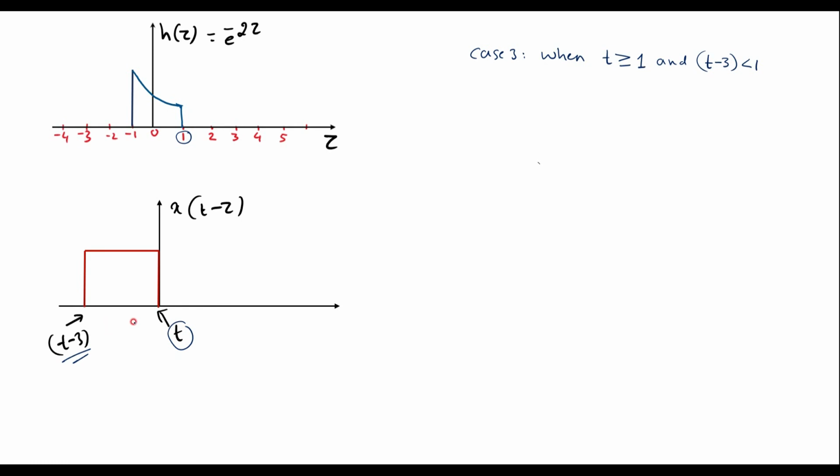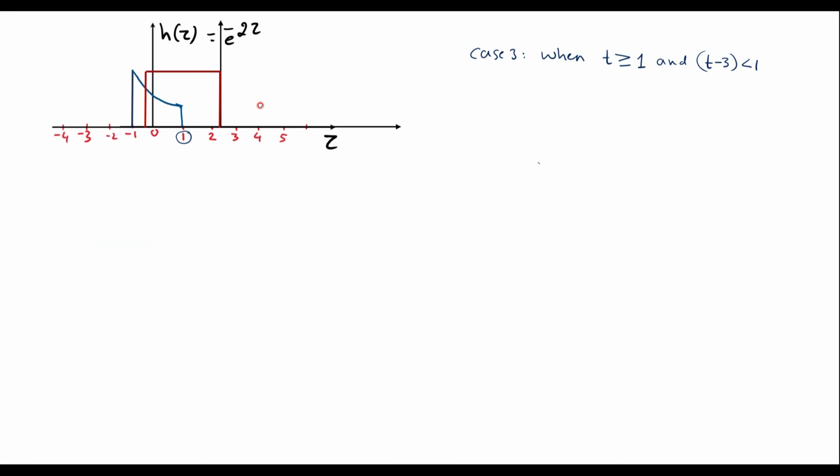So now let's see, if I overlap x of t minus tau signal on h of tau signal for this condition, which all area will be common. So here we can see that this is x of t minus tau signal and this is point t and this is t minus 3.